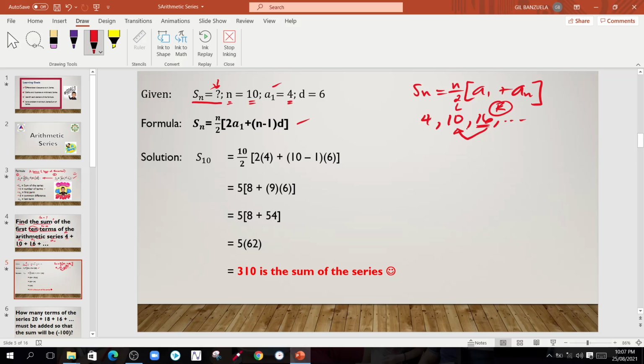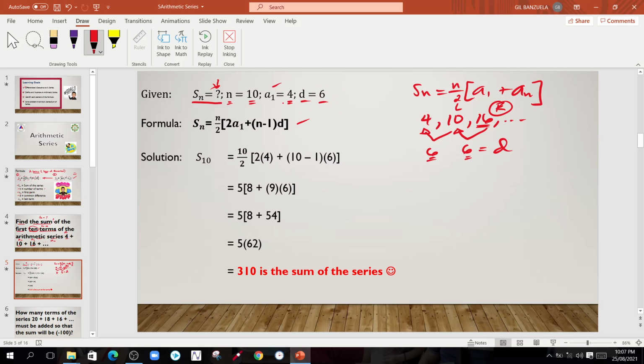So, 16 minus 10, that would be 6. Alright, then 10 minus 4, that would be 6. Since common difference ang pinag-uusapan natin, guys, we expect that the differences are common or pareho. So, that's why our d here is 6. Now, here are the given.